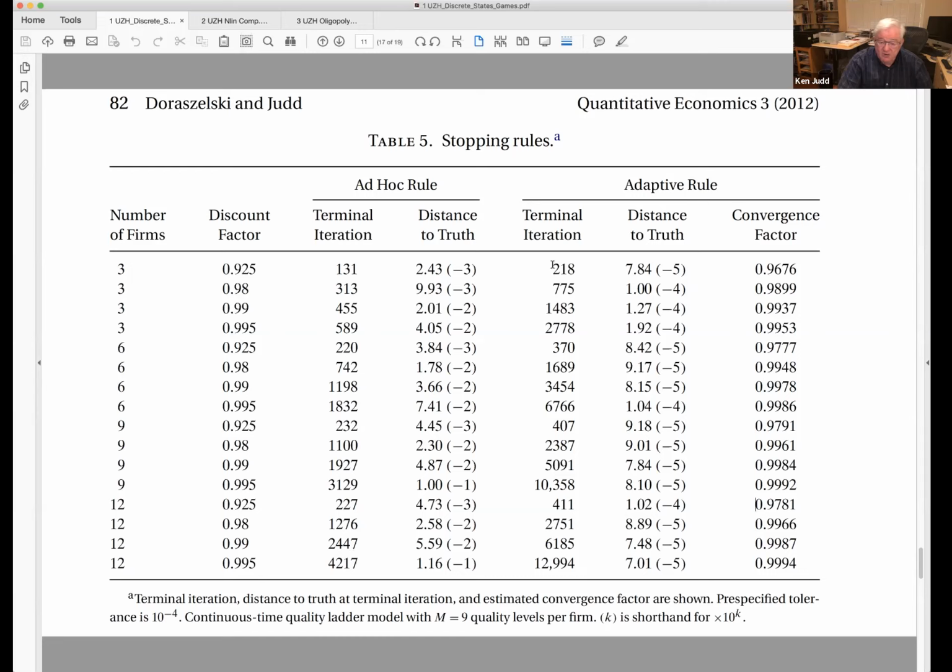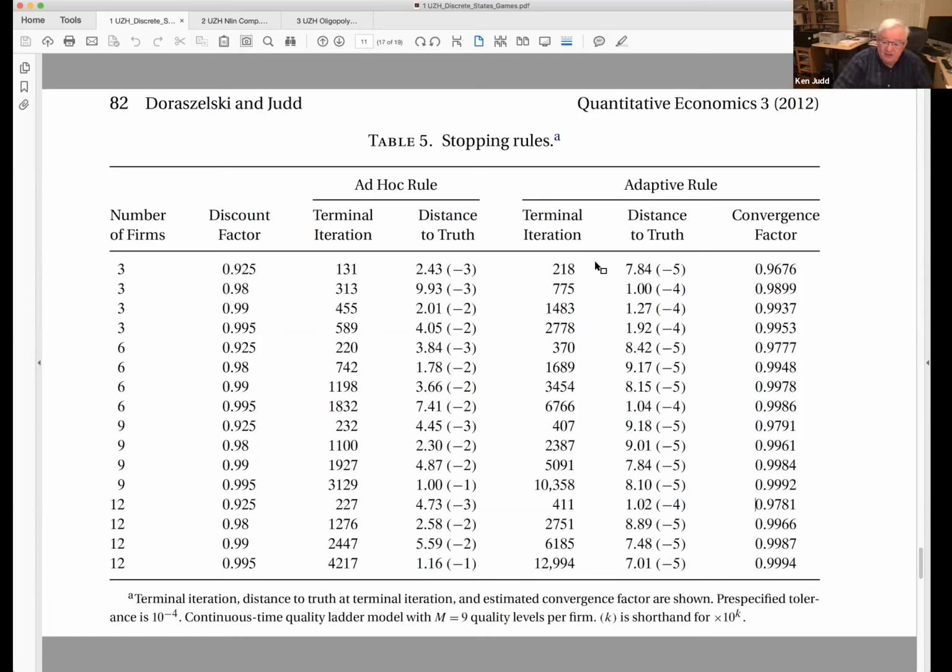So instead, we implemented this adaptive stopping rule that I discussed in the first week, where you do your iterations, you make an estimate of the apparent rate of convergence, and then you treat that rate of convergence as the truth and use it in judging whether or not you're close to the truth.